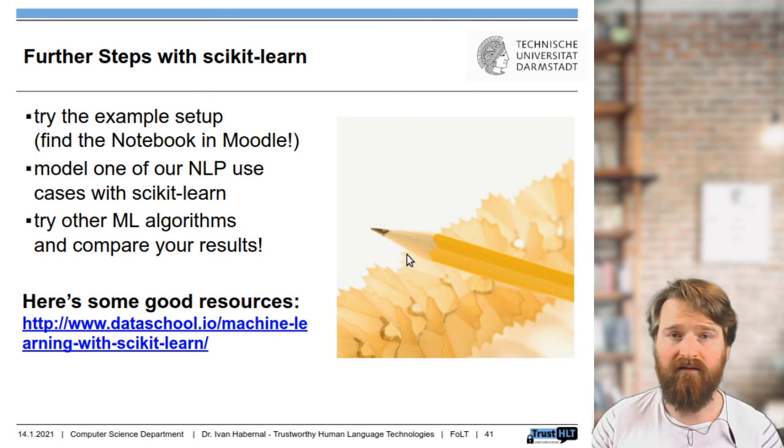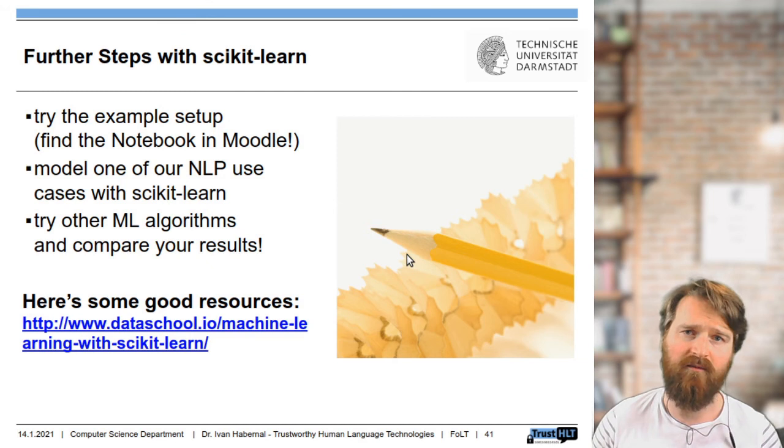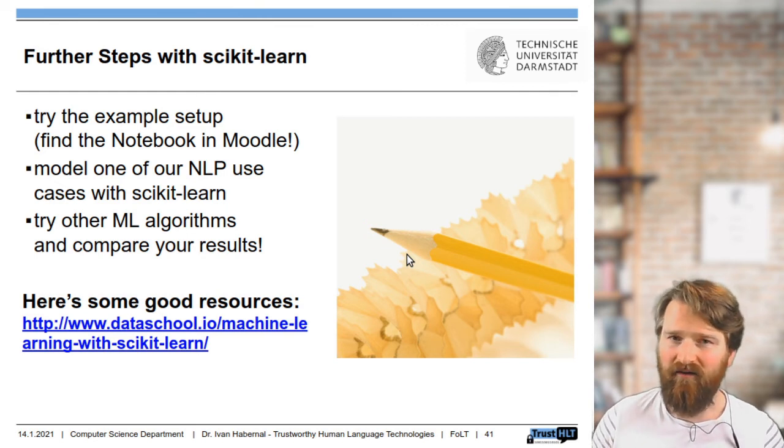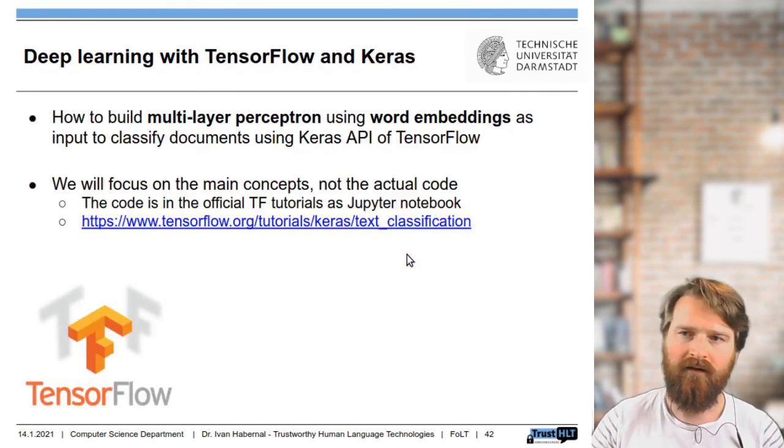So I would recommend to give it a shot and play around with different models and different data sets. Try to understand the evaluation as well, or maybe run a cross-validation using scikit-learn. It comes in handy on different occasions, not only NLP.